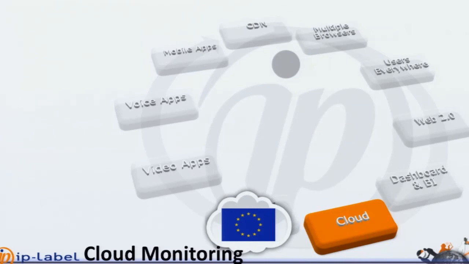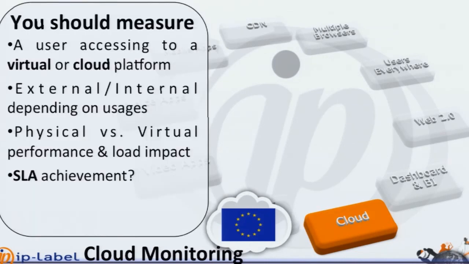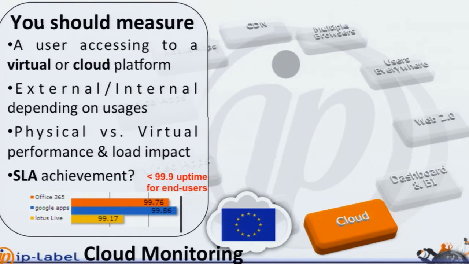Cloud monitoring is also a very hot topic, as you know. What I would just mention is that usually you see a 99.9% guaranteed uptime from cloud vendors. A recent study we did on online benchmarking showed that we didn't reach that just for the connection and authentication, so just access to the service, not even the usage of that service.